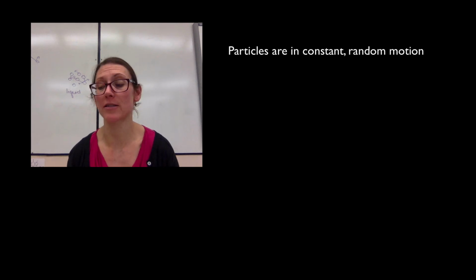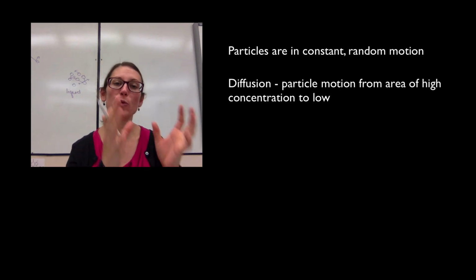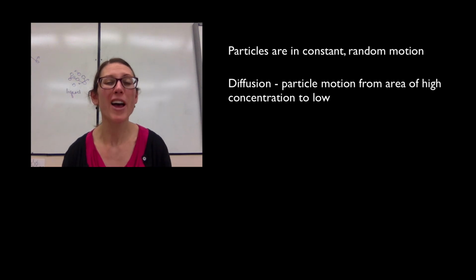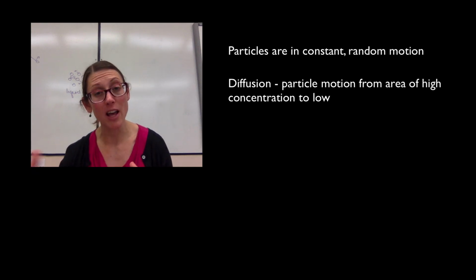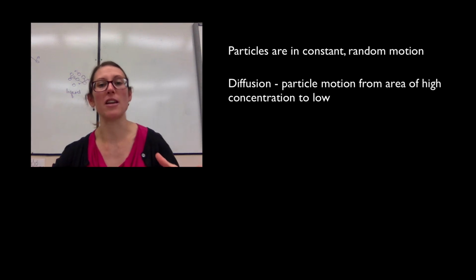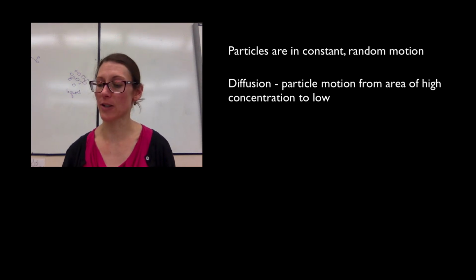Okay, so real quick, just to recap, particles are in constant random motion. Diffusion happens when particles move from an area of high concentration to low. That's going to be faster in a gas, both because in general those particles are moving faster and because there's fewer collisions, fewer other particles getting in the way of the spreading of our particle of interest.